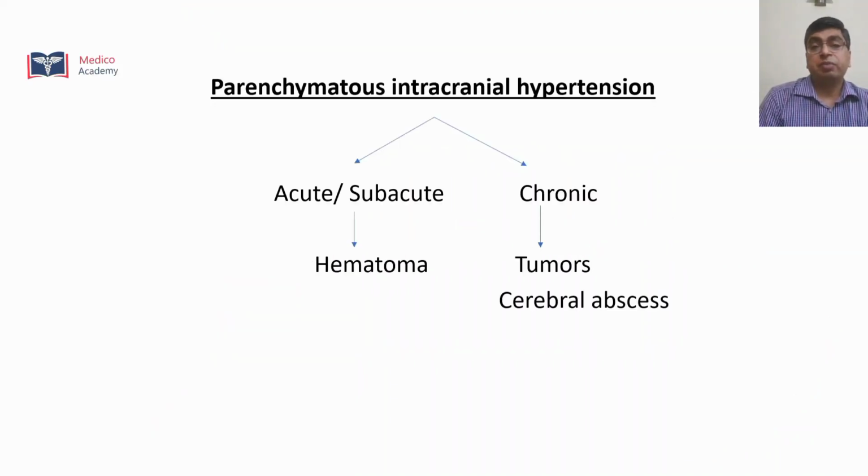Whenever there is parenchymatous involvement, like acutely in cases of hematoma, subdural hemorrhages or extradural hemorrhages, then there is intracranial hypertension. Or chronically in a tumor, slowly the tumor is increasing in size and raising intracranial pressure. Cerebral abscess again is a subacute thing, causing raised intracranial pressure.